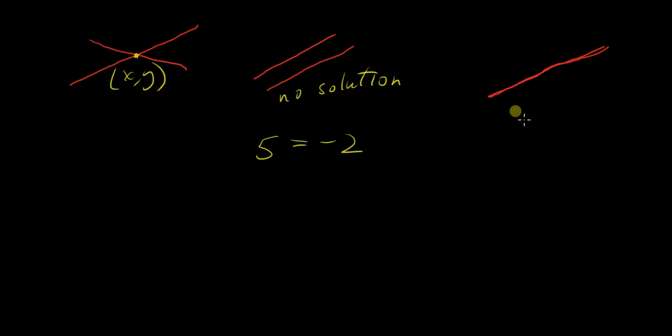And so if they're the same equation, you're going to have infinite solutions. And that just makes sense, because if both equations are really the same, then every point that works for one is going to work for the other because they're the same.